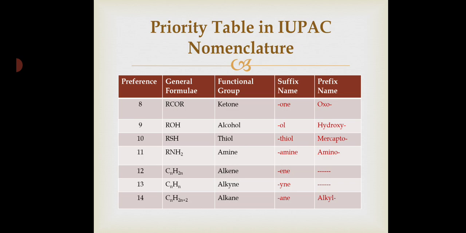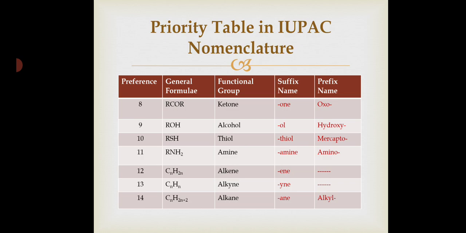What is the suffix name of alcohol? We have seen in part 7, right? So the suffix name for alcohol is ol. But when it comes as a prefix in the presence of another preferential group, then its name is hydroxy. Thiol: the suffix name is thiol, whereas when it comes as a prefix, its name is mercapto.